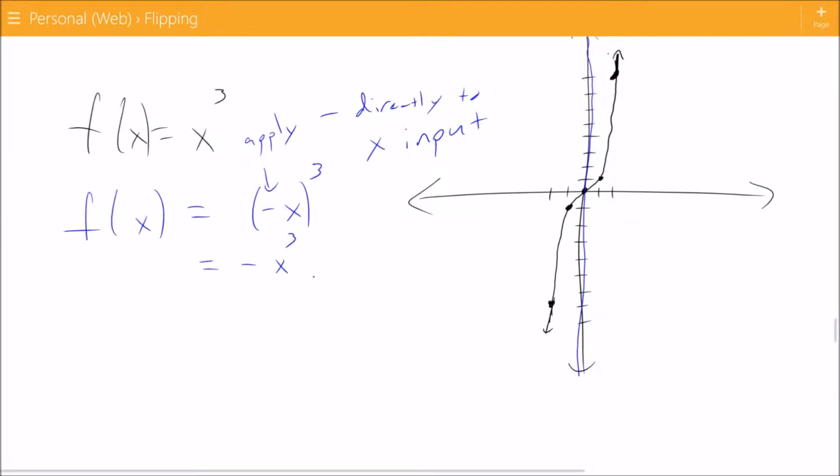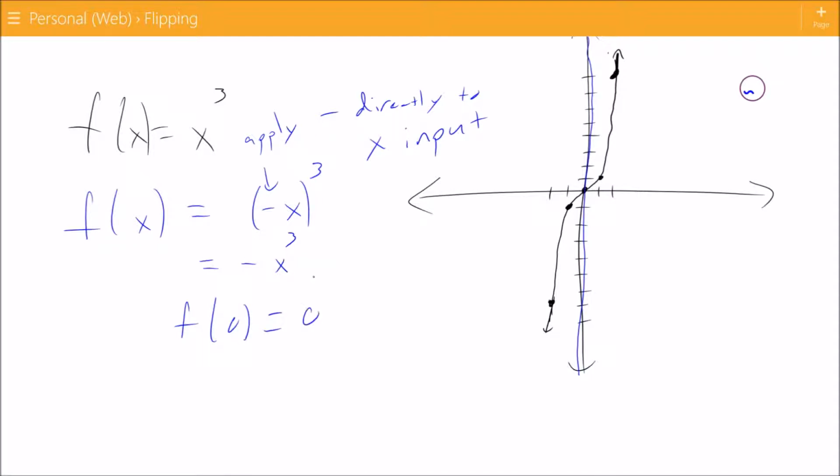I can do that here. I can do f of 0. That's going to give me 0. Coordinate 0, 0. Okay. Très bien. f of 1 gives me negative 1. So I've got 1, negative 1. So go 1, go down 1.